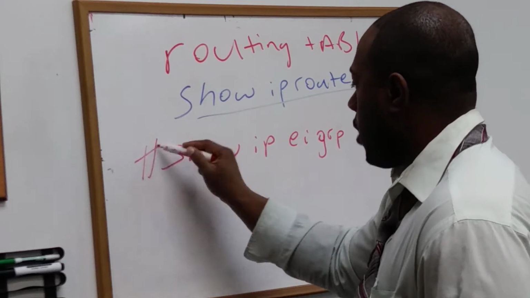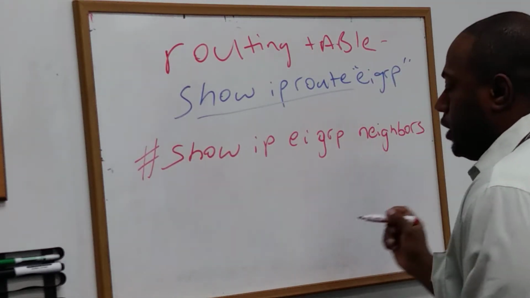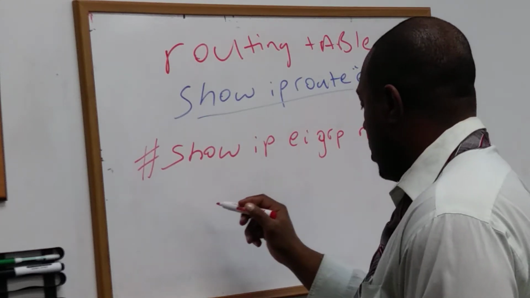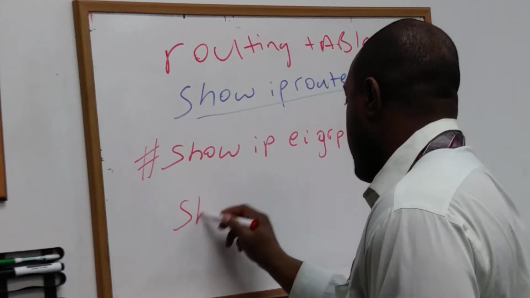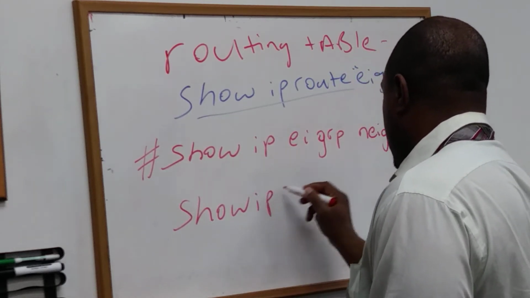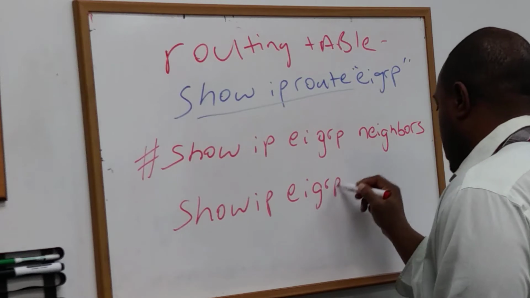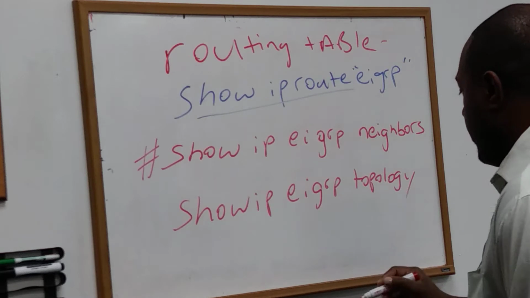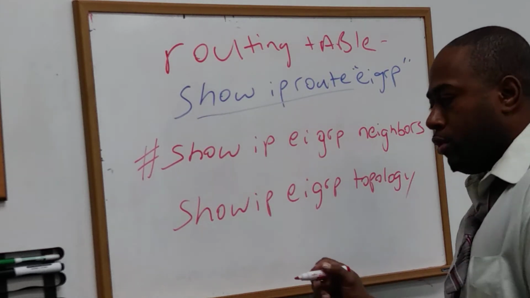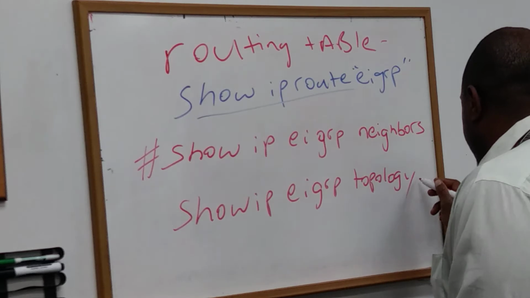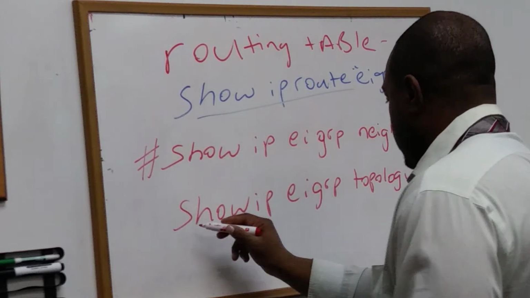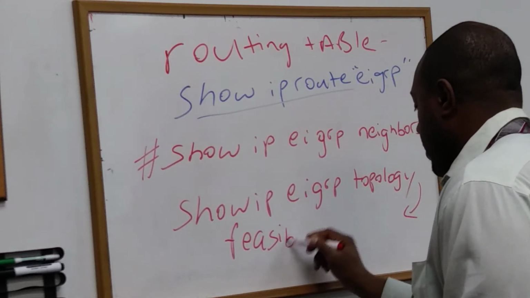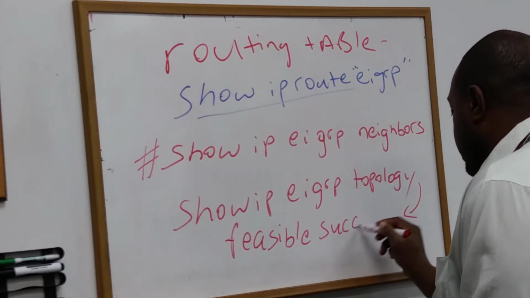And you also have show ip eigrp topology, which is where you will see the feasible successor. We're going to go over the concept of the feasible successor and the successor.